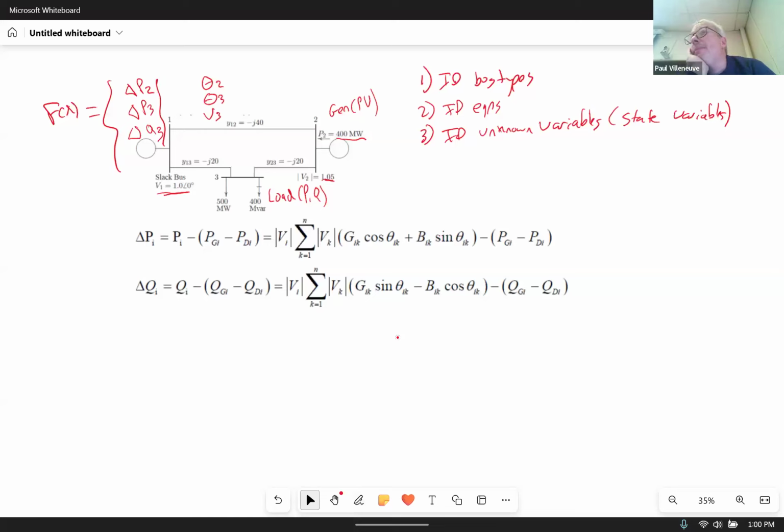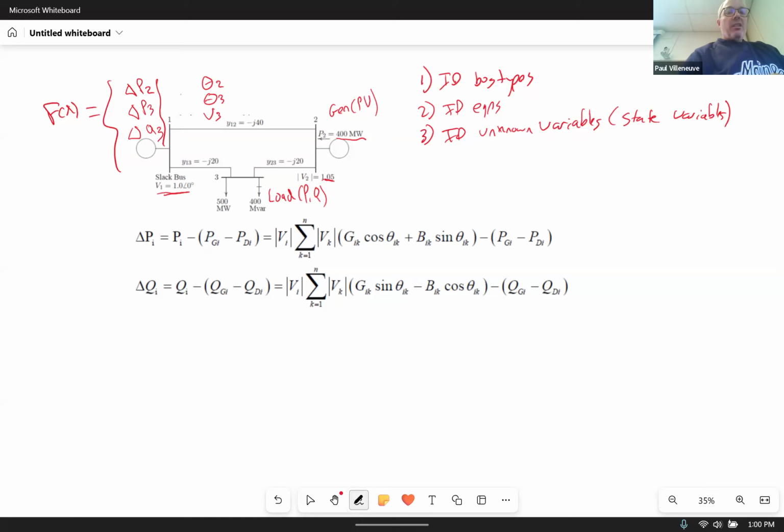And again, keep in mind that with my voltages, when I'm doing power balance or load flow, I'm not going to include the absolute value because it just makes the equations get really busy and messy. So as long as you all keep in mind that the absolute value of V3 is intended when I write V3 here, then we're all on the same page.